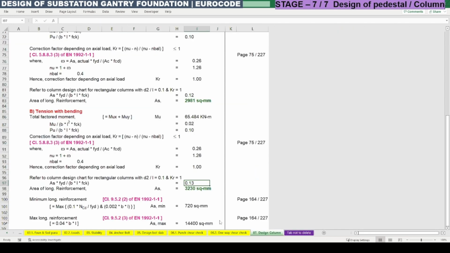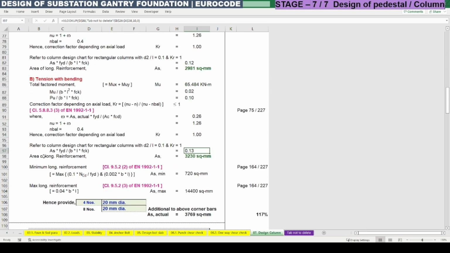So these tension and bending values we need to apply. Accordingly the As fyd divided by b h fck value comes to 0.13. Substituting this 0.13 with one unknown, As, we get 3230 square mm.